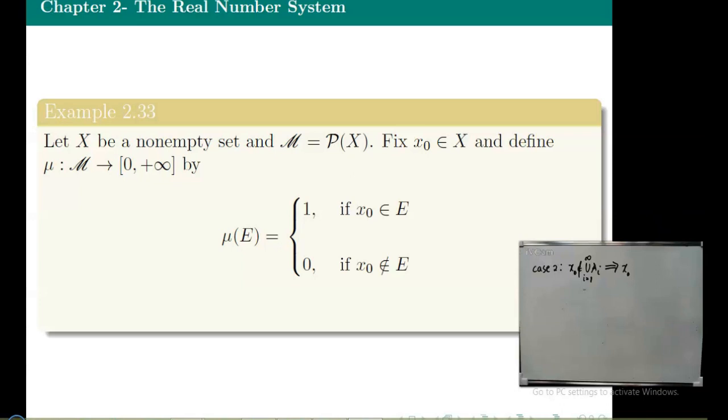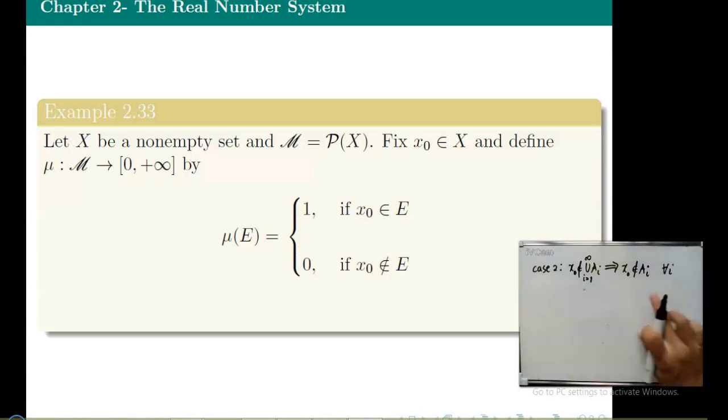Now let's proceed to our second case. We let x sub 0 not be an element of the countable union of A sub i. Then, by a remark, it states that if an element is not in the union, it means it is not in every set.